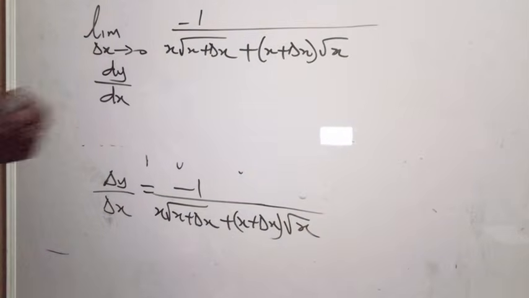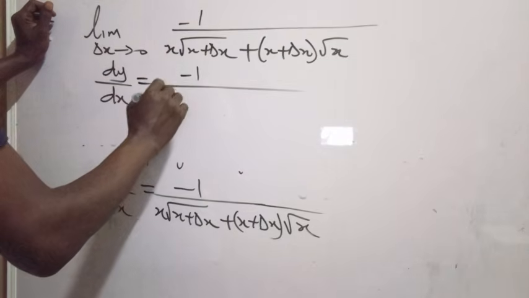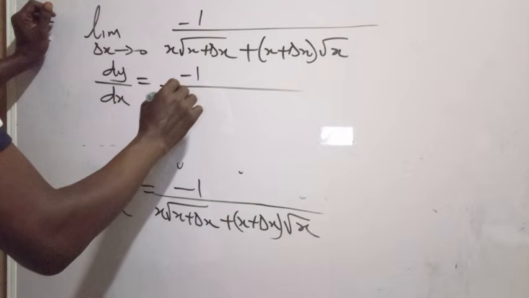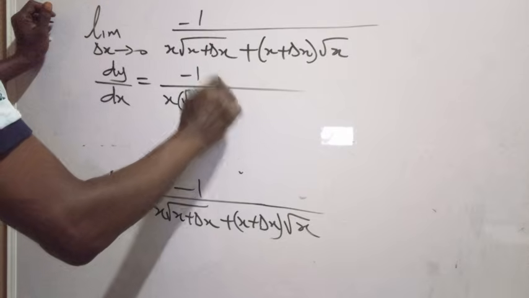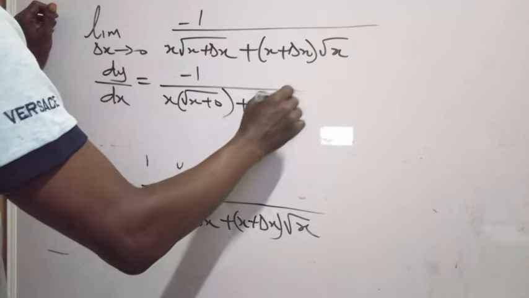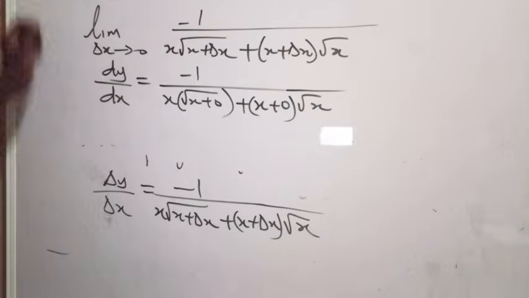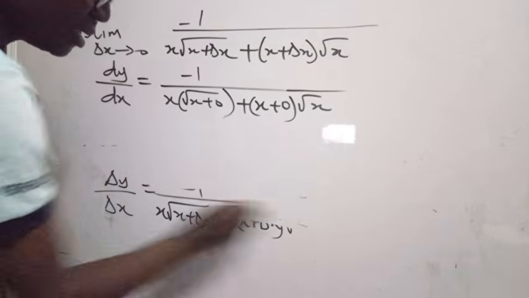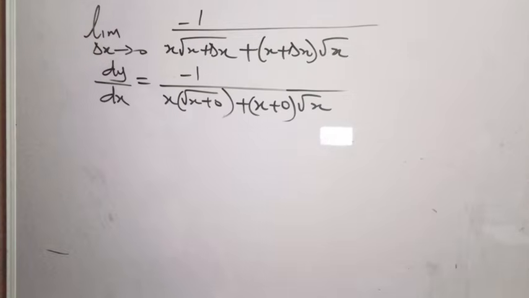Okay, this is now equal to minus 1 all over x into root x plus 0, fine, then plus x plus 0 into root x. So wherever you see delta x, you write 0. That's the meaning of taking limits, the limit of delta x tends to 0.